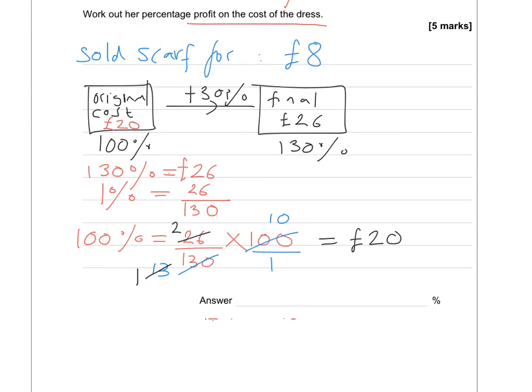Now, we know that the scarf was sold for £8 and its original cost was £4. So we can now work out that the original cost of the dress was £20, take away £4, so £16.